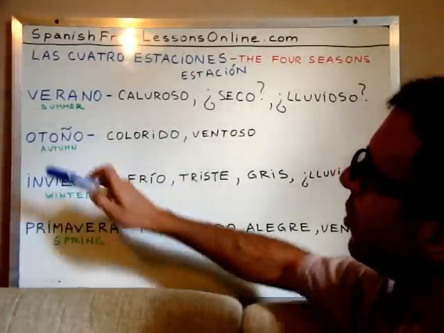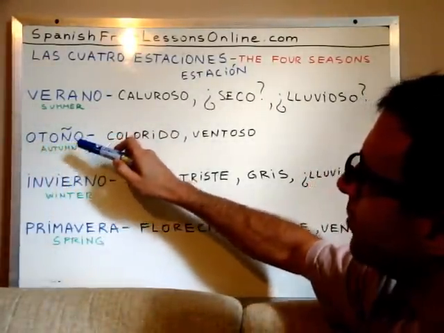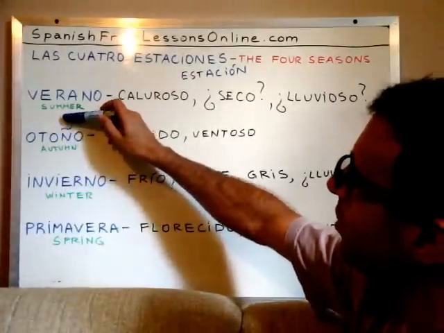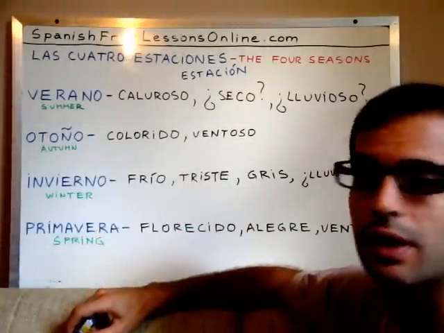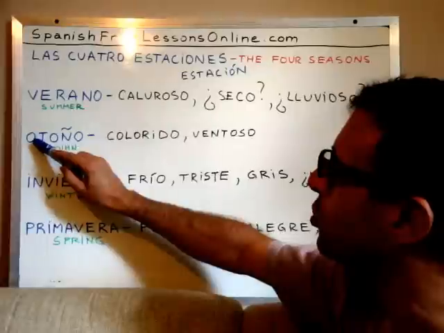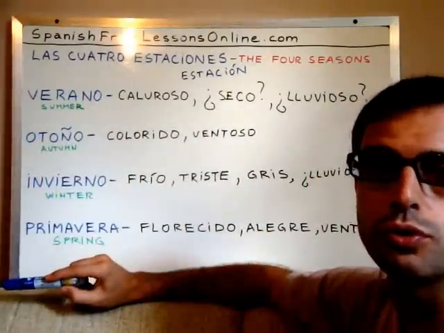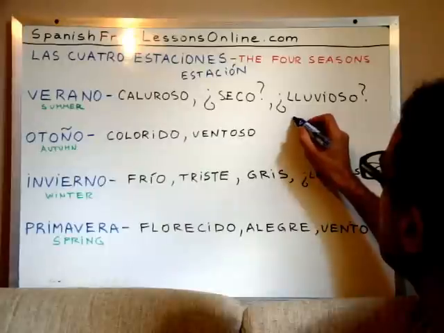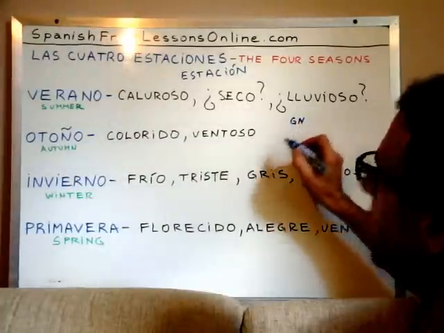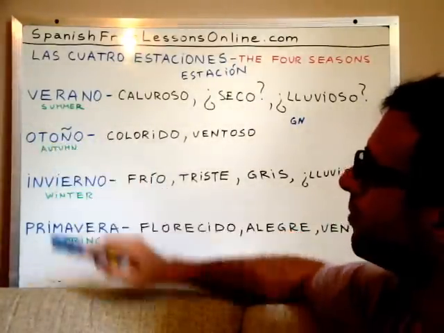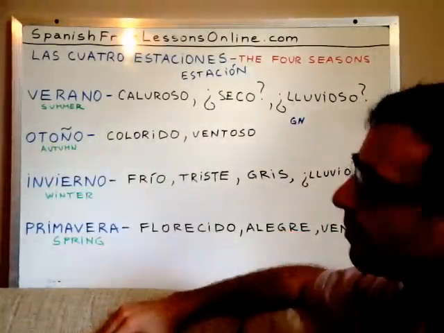Next we have otoño. Remember that this N with this wave on top is called ñ. So this is otoño. It would be pronounced similar to the GN in Italian, right? Otoño. Autumn.